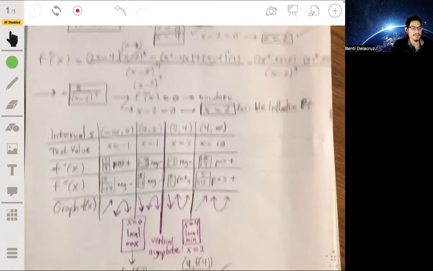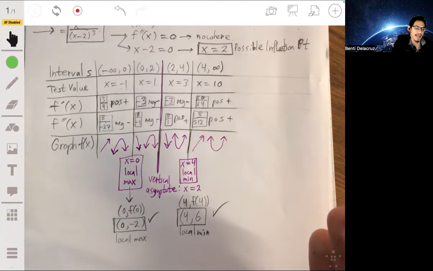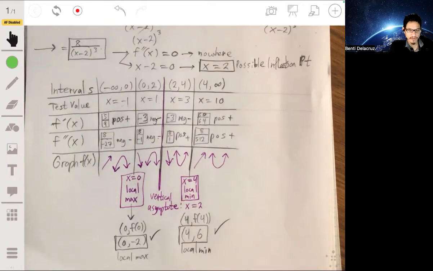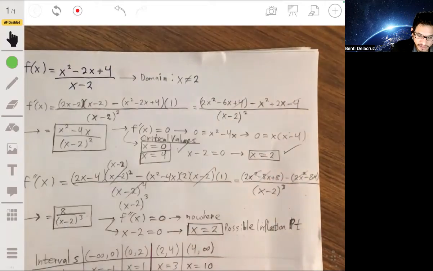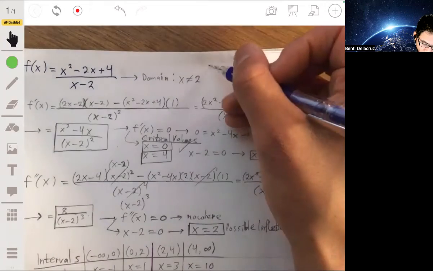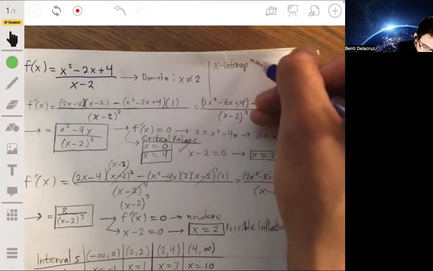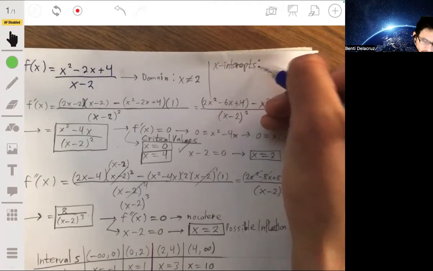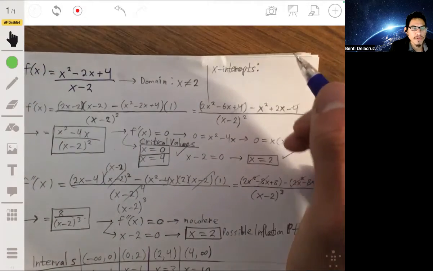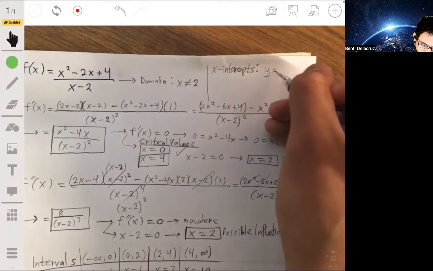Now we want to see the end behaviors and if there are any x or y intercepts. So first, let's look at whether there are any x-intercepts. Going back to the original function, you should remember this from your algebra days: for x-intercepts, the y value is going to be 0.